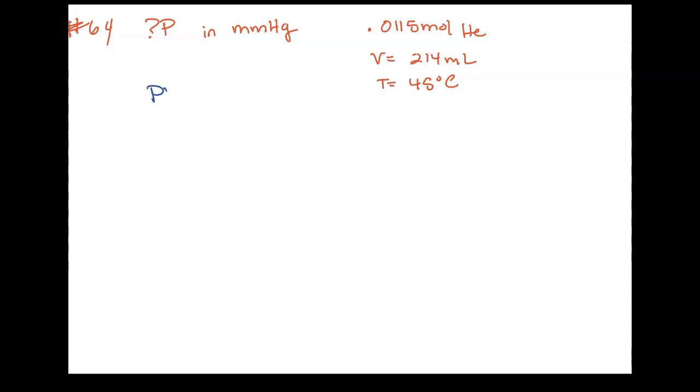So we start out with the ideal gas law, PV equals nRT. This time we're solving for P, so I'm going to divide both sides by V. So P equals nRT divided by V. n is fine. We can use 0.0115 moles of helium.